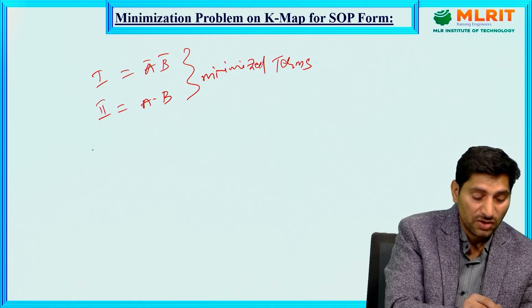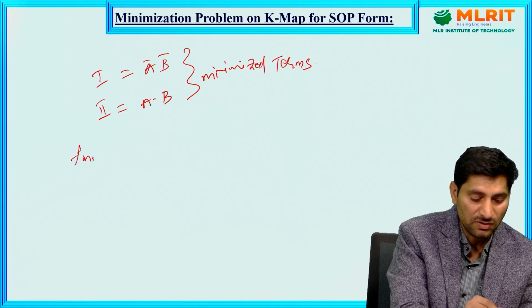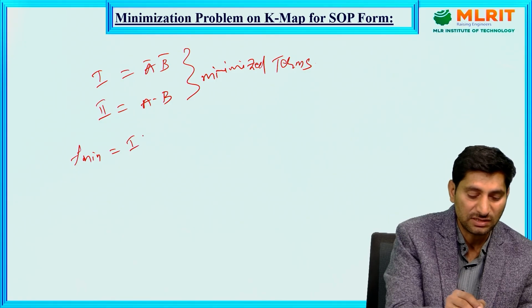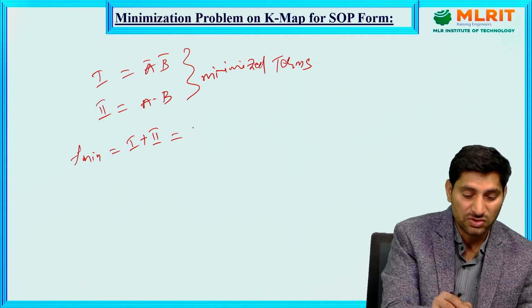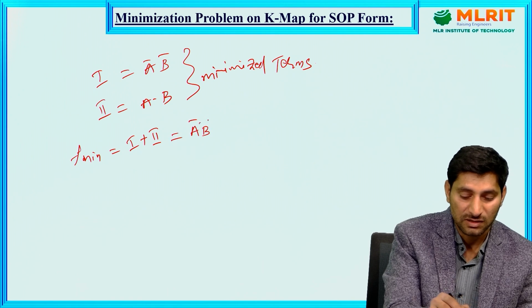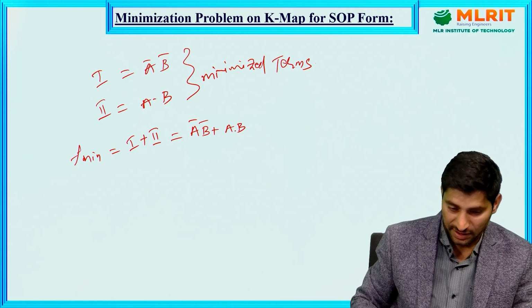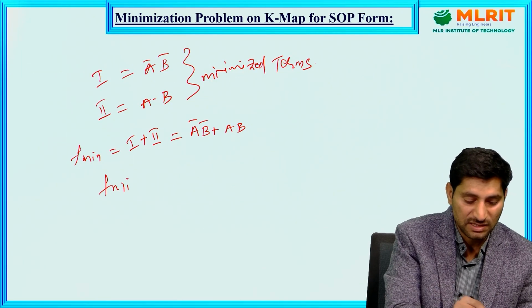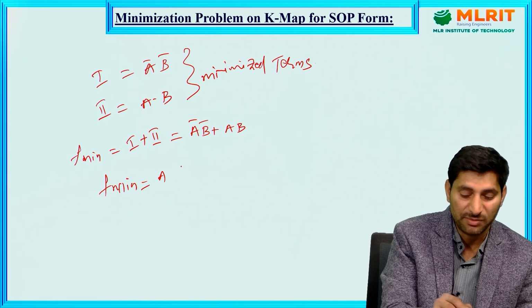As per the SOP rule, to get the minimized function, whatever terms we got in the first group and second group, we need to add them. So let us take A bar, B bar, then AB from the second group. So the minimized function F is A bar, B bar plus AB.